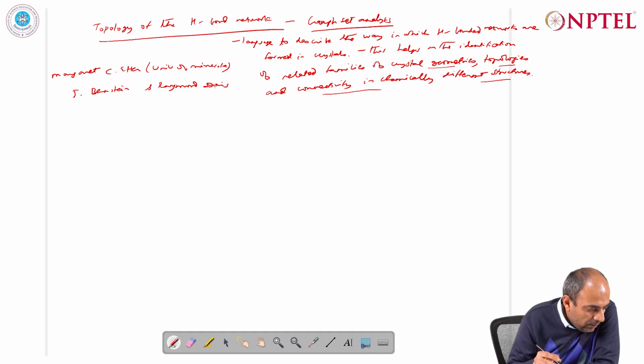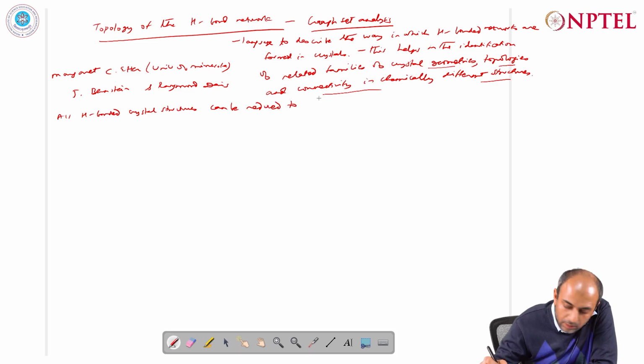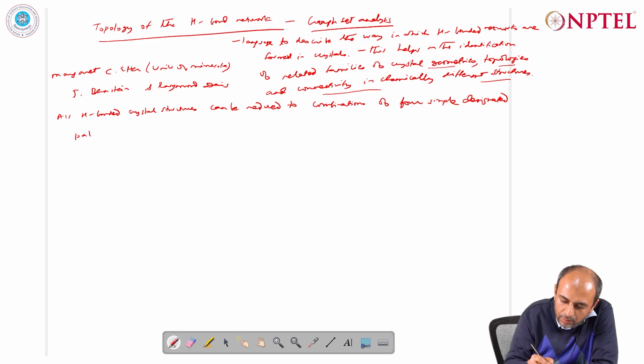So to start with, all hydrogen bonded crystal structures can be reduced to combinations of 4 simple designated patterns.